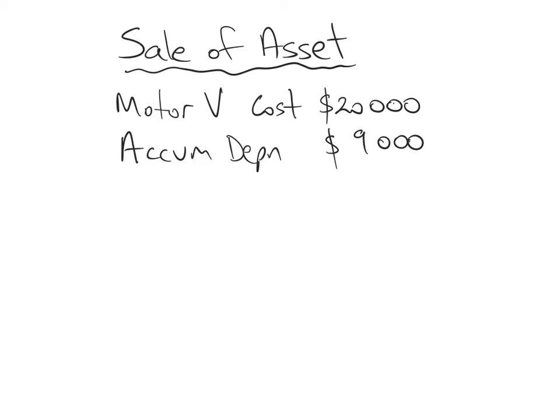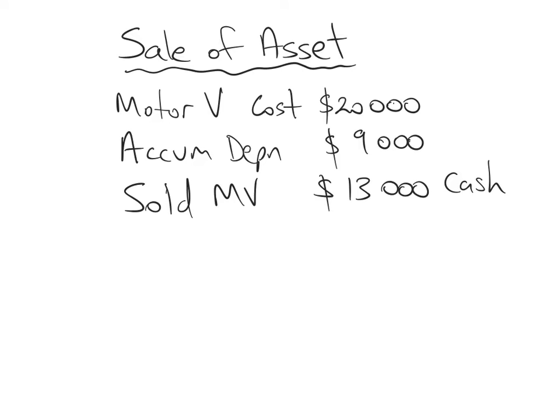So in other words, the vehicle has depreciated over that period of time. During this accounting period, we find that we've actually sold the motor vehicle for $13,000 cash. So if we look at those three pieces of information, what we want to do today is have a look at how we deal with that.